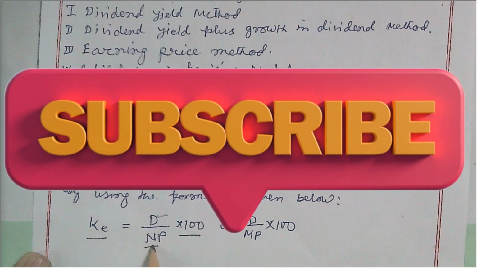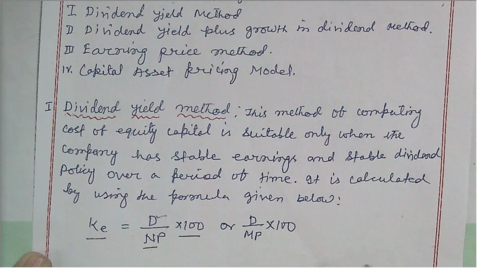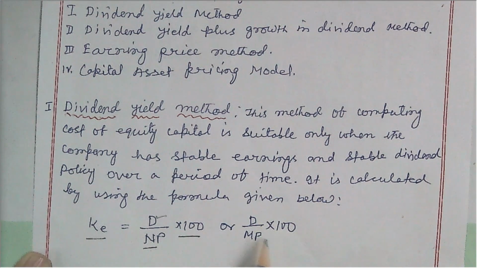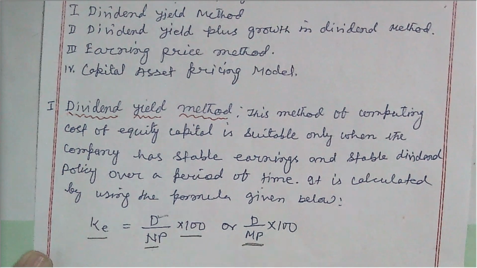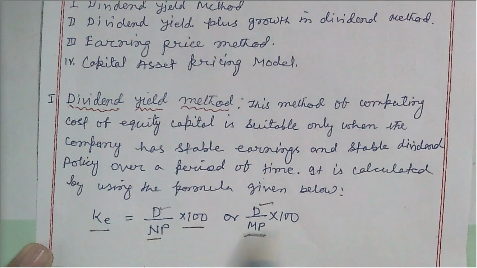For preference shareholders, the net proceeds are calculated as face value plus premium minus flotation cost or issue expenses, multiplied by 100. If the market price of equity shares is given, we can take the market price also. The formula is the same: dividend divided by market price multiplied by 100.